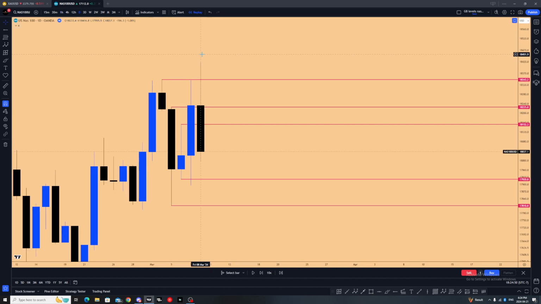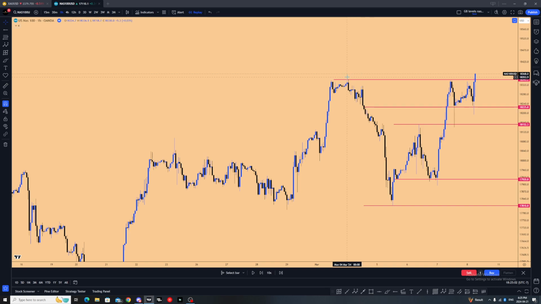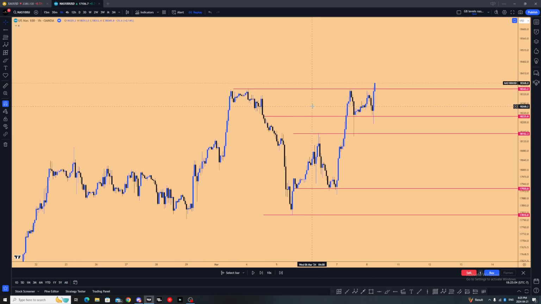We took out this low and we're going for the high. I also mentioned that this liquidity is still intact. It hasn't been run yet. There is no stop run below here. But they have run off this high, this high, this high. So they have basically gotten everybody to enter long in the market just by making this vertical push up.